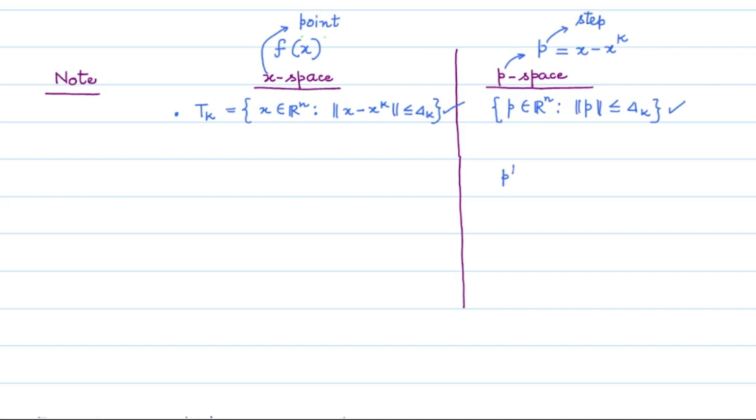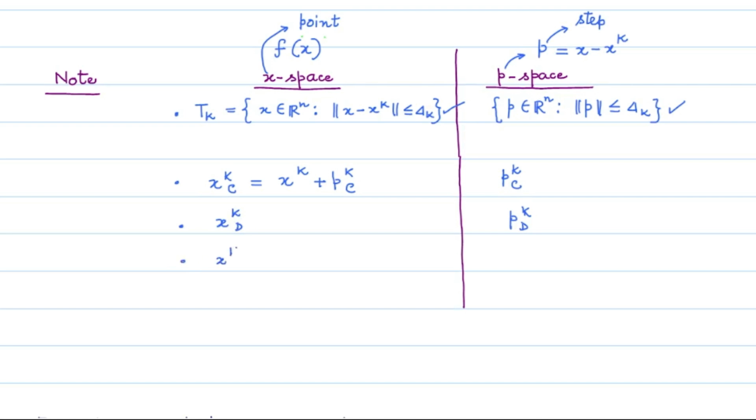and therefore pkC will be called as Cauchy step, while the corresponding point in the X space, that is xkC, will be referred as Cauchy point, which is given by xk plus pkC. Similarly, pkD will be referred as dogleg step, and the corresponding point in the X space, xkD, will be named as dogleg point.